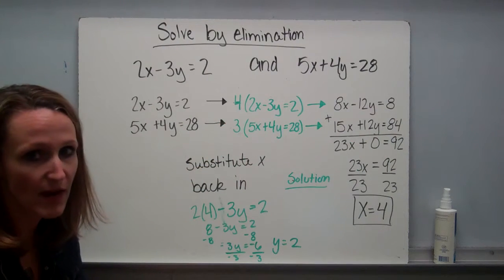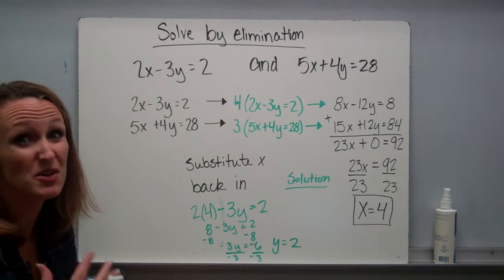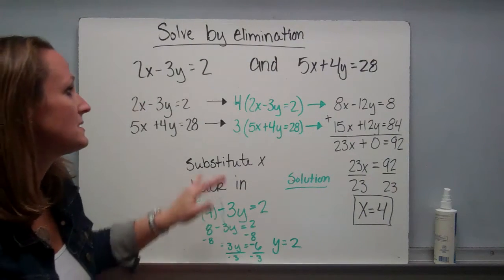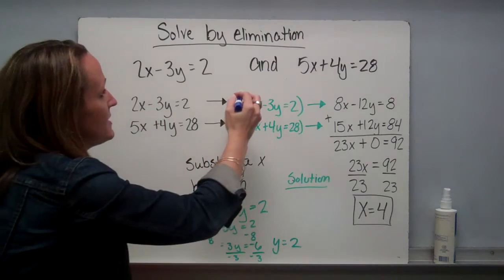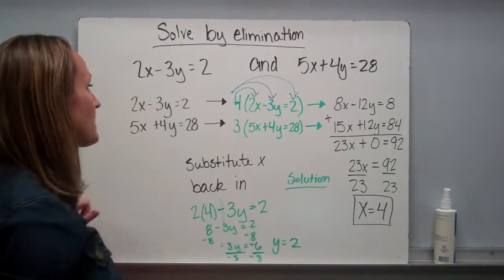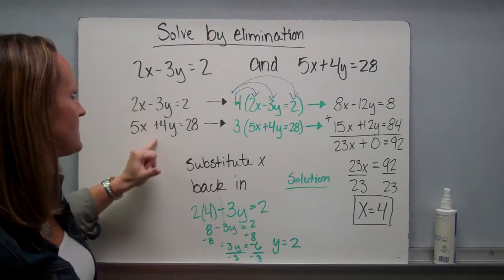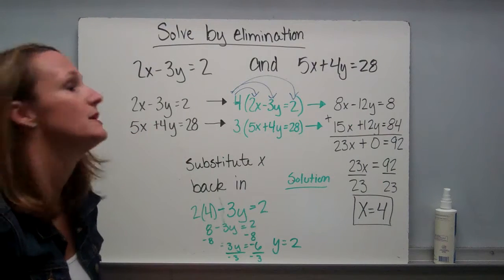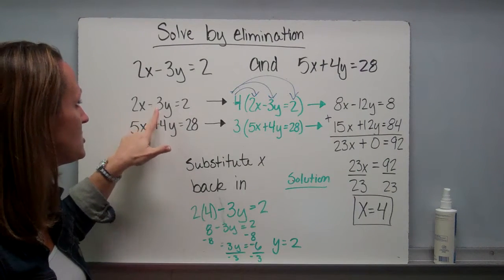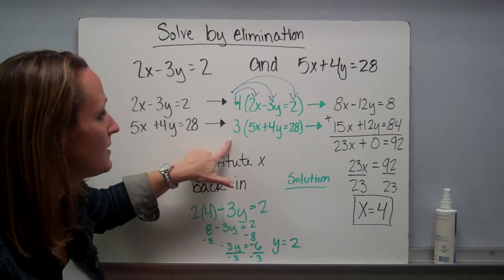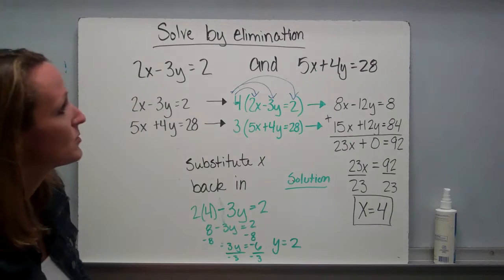So it's almost like a fraction where you're looking for a common denominator and you have to multiply everything involved with that fraction. So this time I'm going to multiply everything here by 4. And what I'm choosing to do is make these y's be the same because I have a negative here and a positive here, which means they'll be easy to cancel out. So what I'm looking to do is make this become 12. So that's why I chose the 4. Here I'm choosing a 3 because 3 times 4 will give me 12.